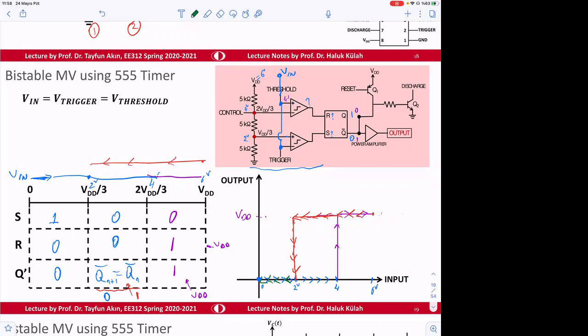So, I mean, we have the Schmitt trigger kind of response coming from the circuit. So we don't have a feedback mechanism here, but we obtained a similar non-inverting bistable multivibrator.